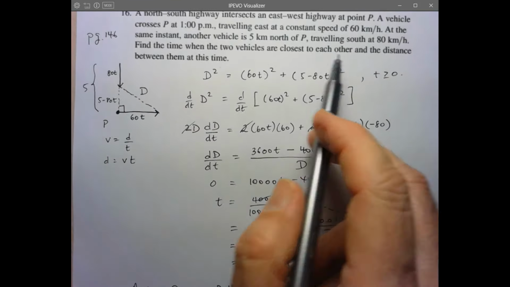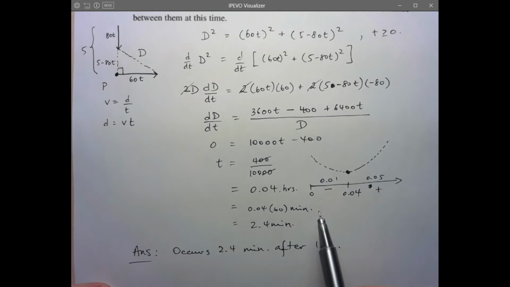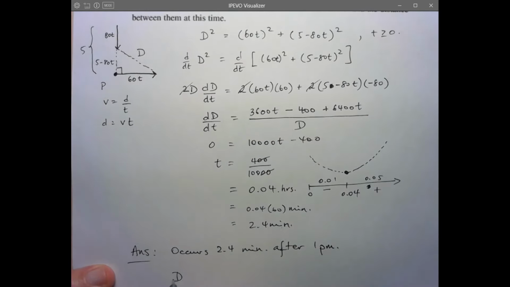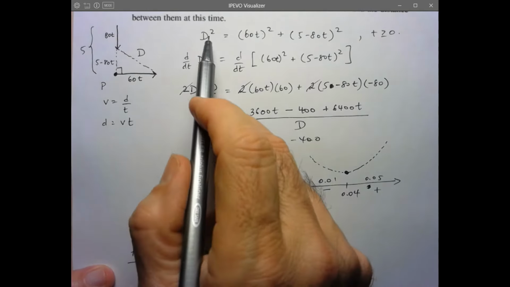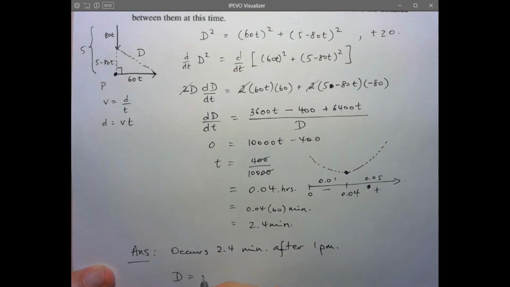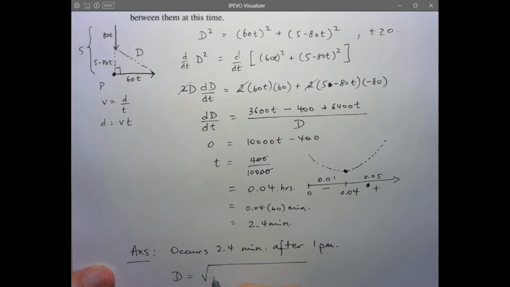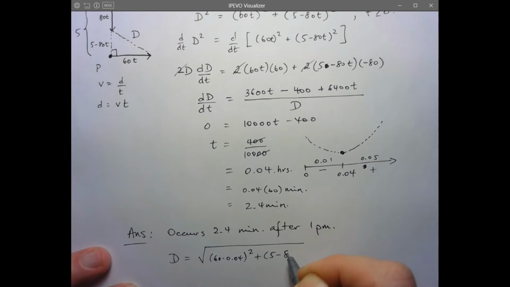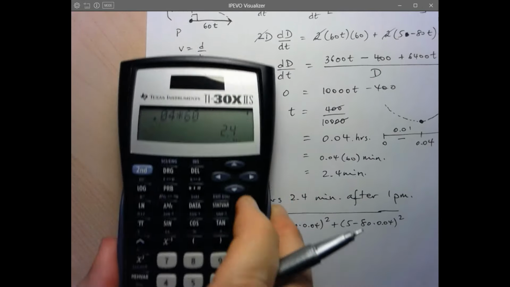And the other thing they want is the distance between them at that time. So now let's find the distance. Since I'm actually looking for the distance, I will take the square root. So it's the square root of 60 times 0.04 squared plus 5 minus 80 times 0.04 all squared. Let's calculate that here.